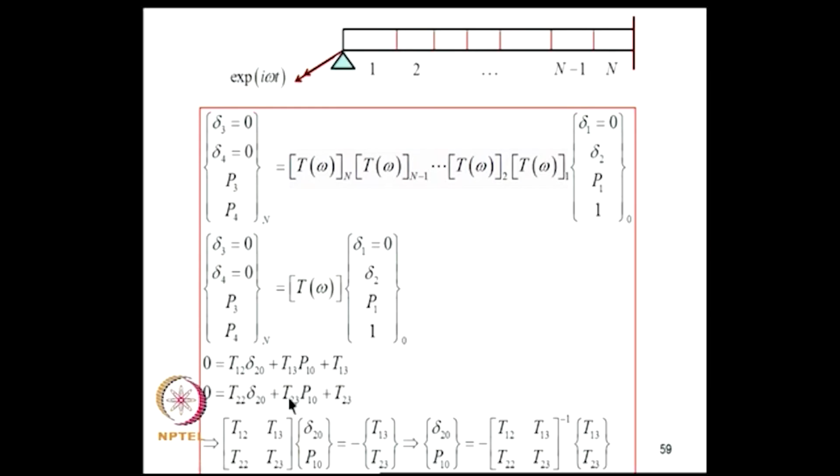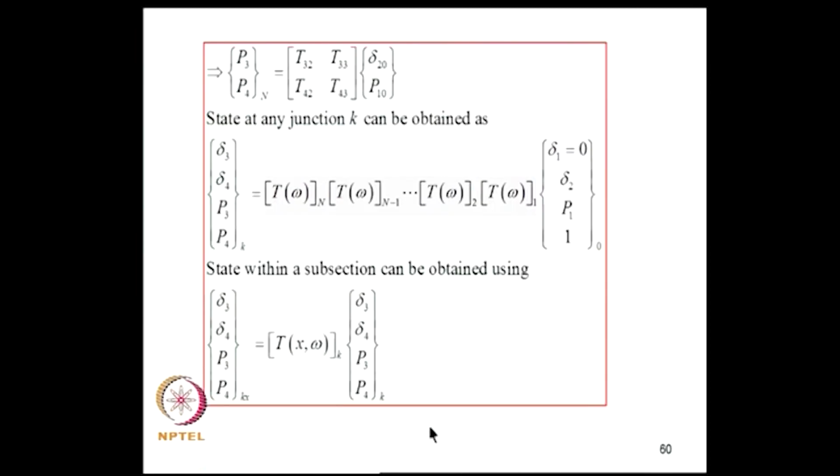First we need to solve for delta 2 at 0 and P1 at 0. For that I can use this equation, and I will get delta 2 at 0 and P1 at 0. Then subsequently the reaction at the other end is also obtained using this.